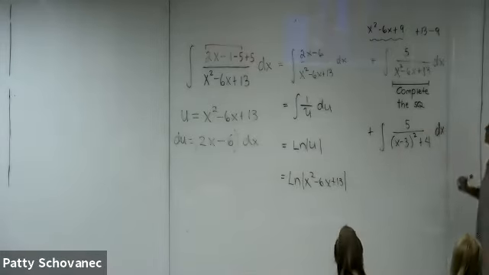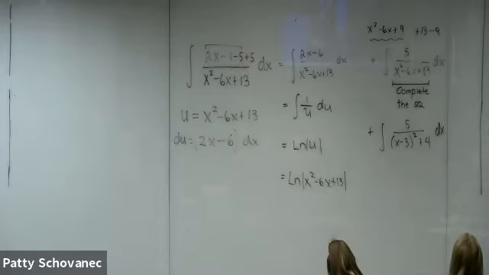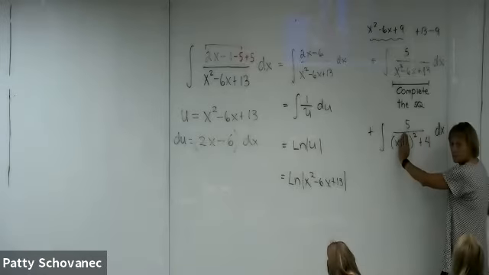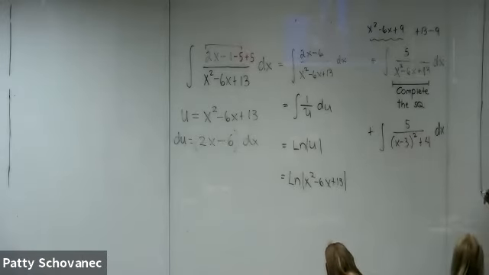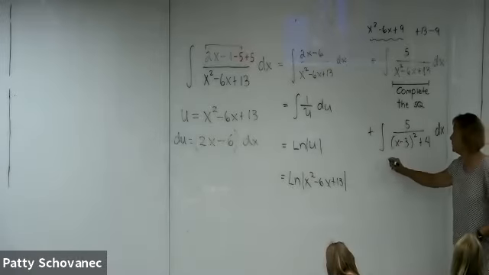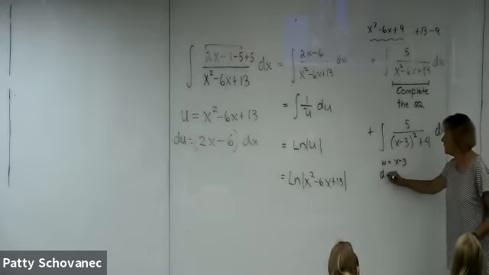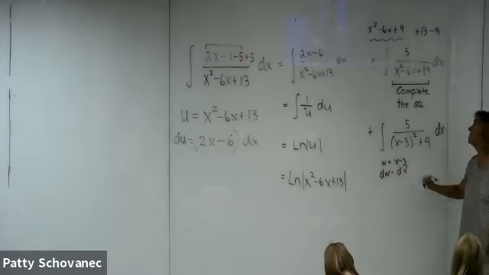Well, did completing the square give you something that you recognize that you know how to integrate? A u squared plus a squared, right? So we use another change of variable. I've already used a u, let me use a w. W is x minus 3, dw is dx.